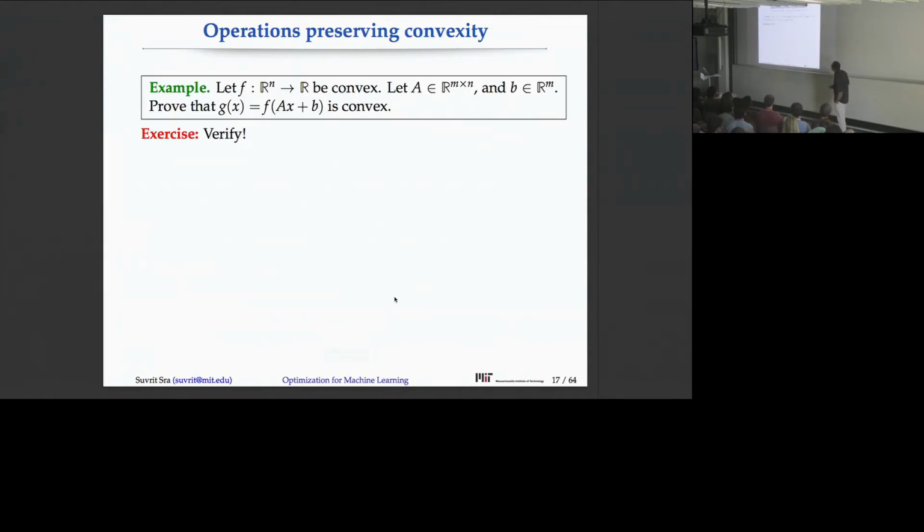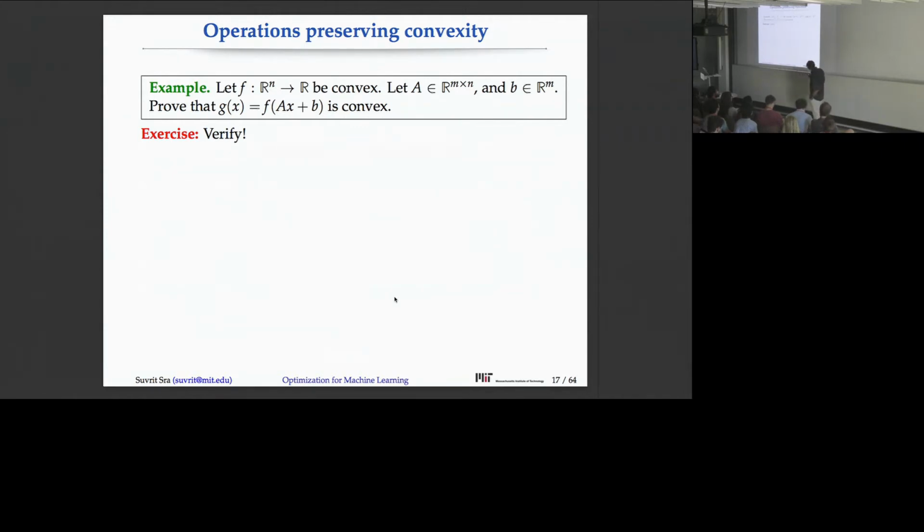Okay, so that's why it becomes very important to start with convex functions and only do operations that preserve convexity. So the easiest one is if f is a convex function, and you just make what I'll call an affine transformation.